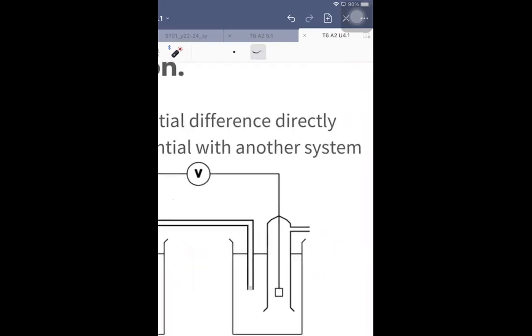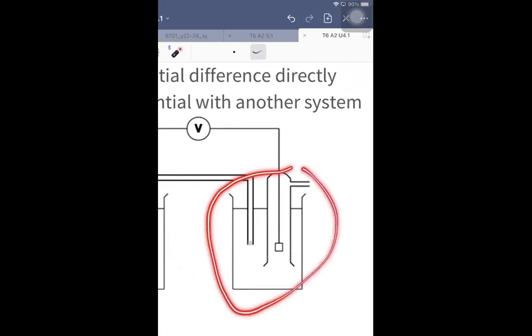So here's an example of a zinc 2 plus and zinc half cell, and it is attached to a reference electrode, what we call a standard hydrogen electrode. So the standard hydrogen electrode is also a half cell. It must contain the same element but at different oxidation state.